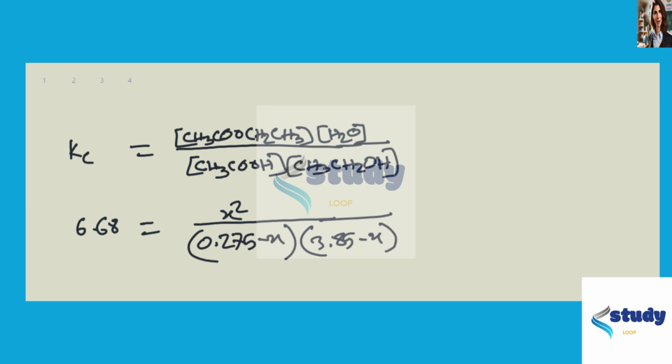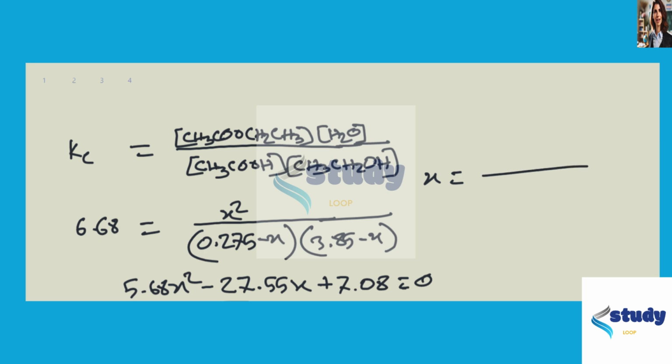Now if we rearrange this equation, we will get a quadratic equation: 5.68 x squared minus 27.55 x plus 7.08 equals 0.